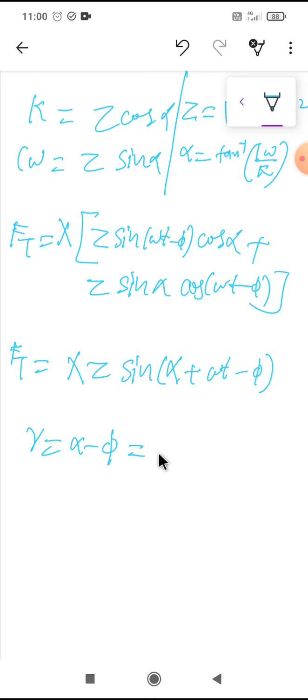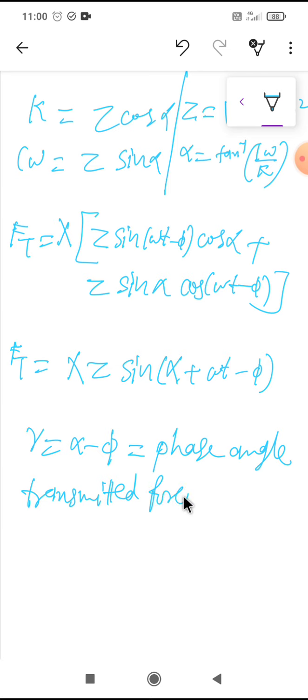This is the phase angle of the transmitted force to the foundation with respect to the exciting force. So this is the difference between the transmitted force and the exciting force.